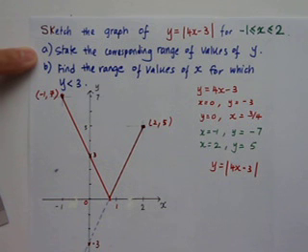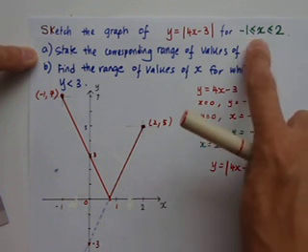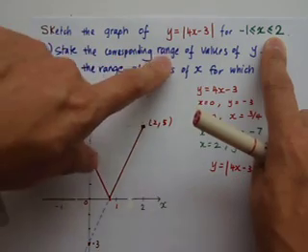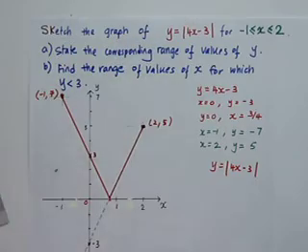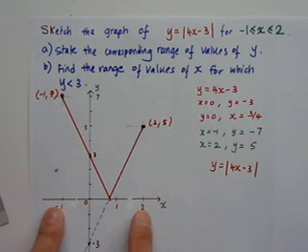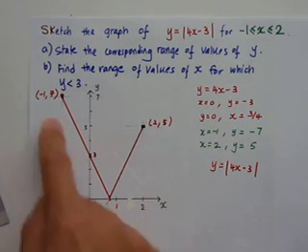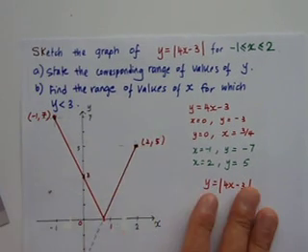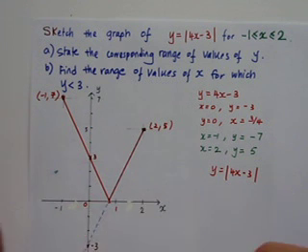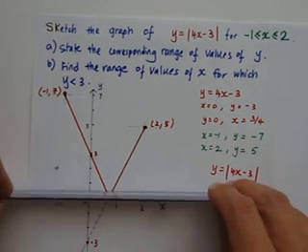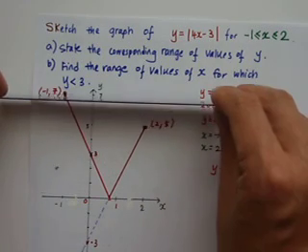Part A, with this given range of values of x, state the corresponding range of values of y. What does that mean? That means given this range of values of x, what is the extent? Range of values of y means what is the extent of values of y? If you look at this V-shaped graph, the y value starts from 0, that is the lowest value, and extends all the way up to 7.